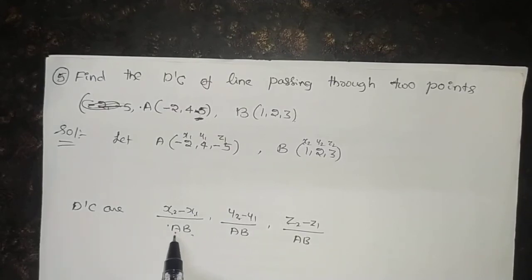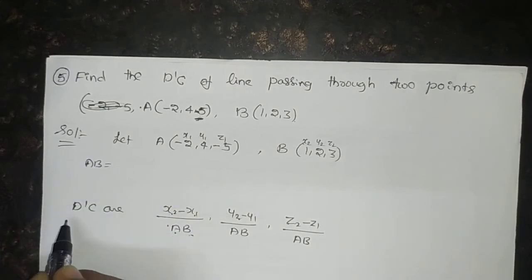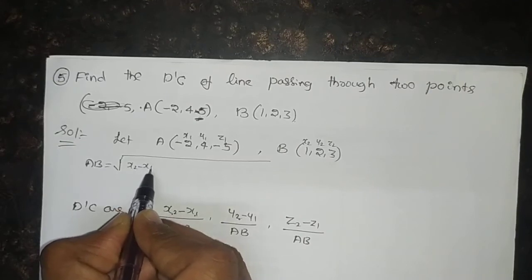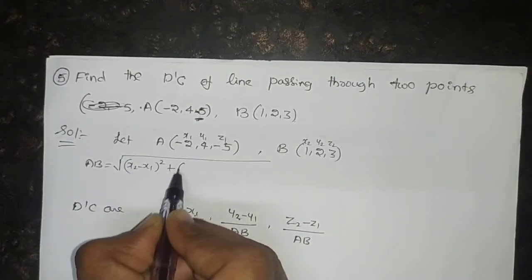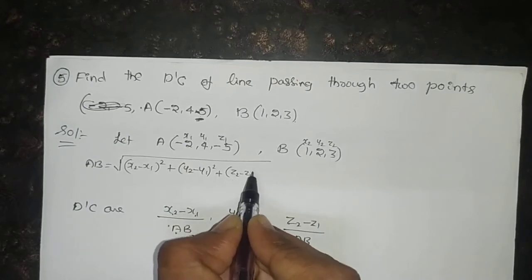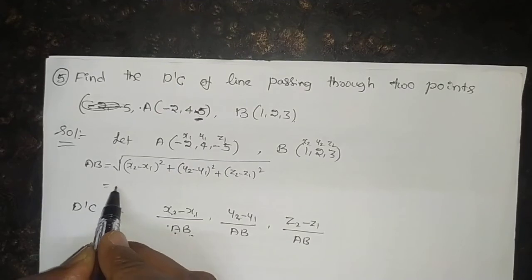Now here we have AB. How to find AB? AB is the square root of (x2 minus x1) whole square plus (y2 minus y1) whole square plus (z2 minus z1) whole square. Find out this AB separately.